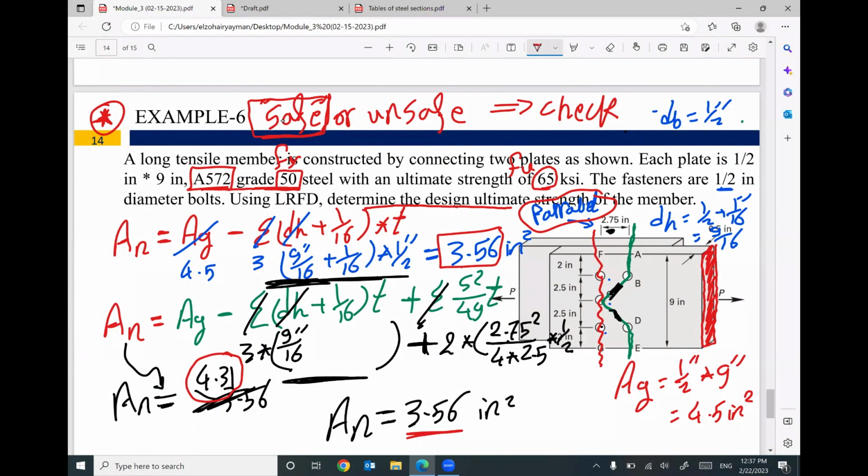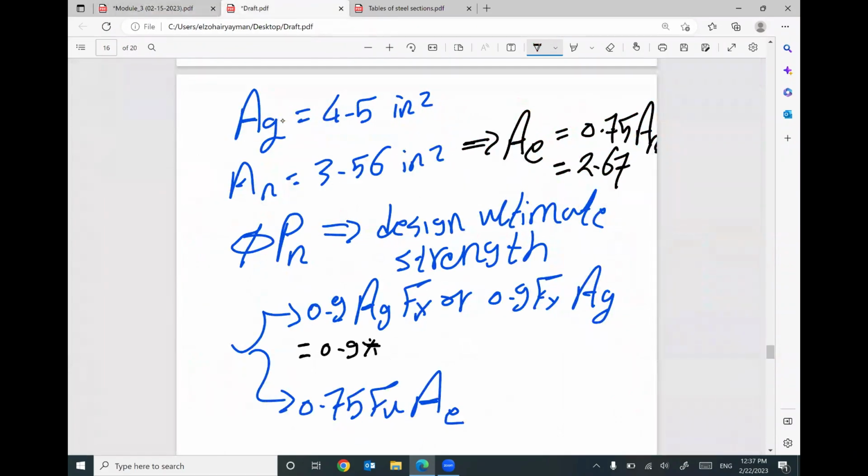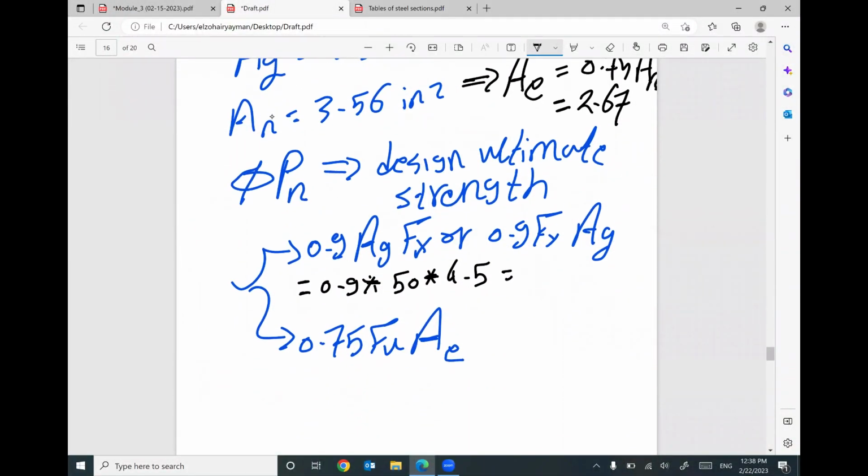F yield equals 50, F ultimate equals 65. So F yield equals 50, area gross equals 4.5. So what is your value? The second one will be 0.75 times F ultimate 65, area effective 2.67. So what is the value here? 0.9 times 50 times 4.5.